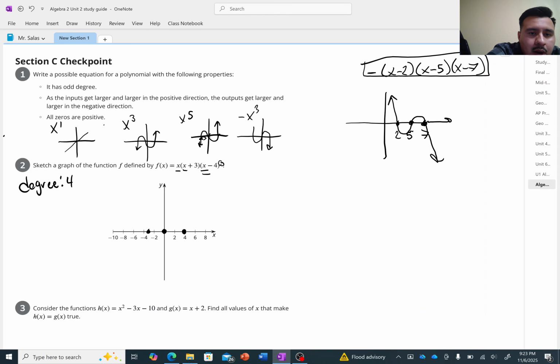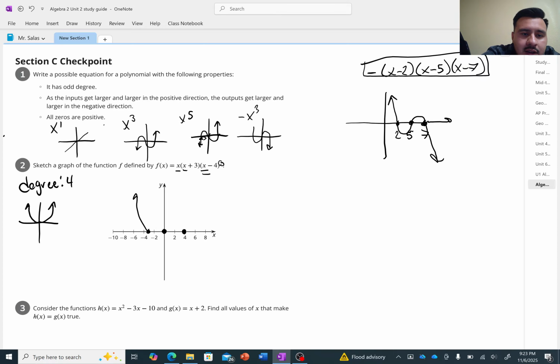A degree 4 polynomial, but before I answer that question, is it positive or negative? Is there a negative in front of any of the x's? No, there's not, right? So it's going to be a positive polynomial. So a degree 4 is going to look like a parabola at the end.